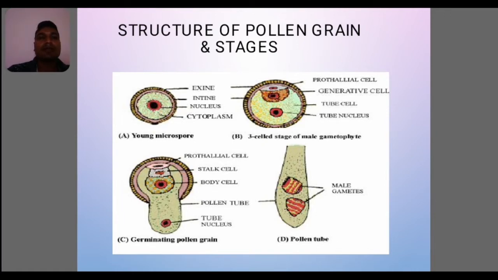Then there is an increase in the growth of the pollen tube from the tube cell. In that tube cell there is a tube nucleus, and that tube nucleus will have the 2 male gametes.